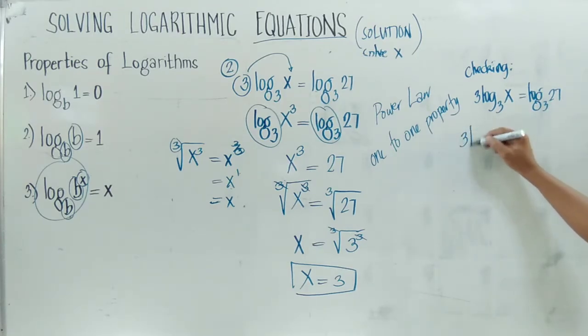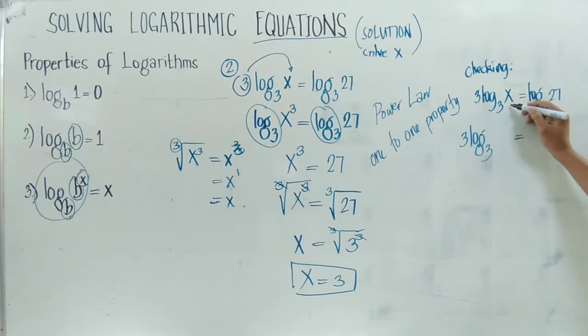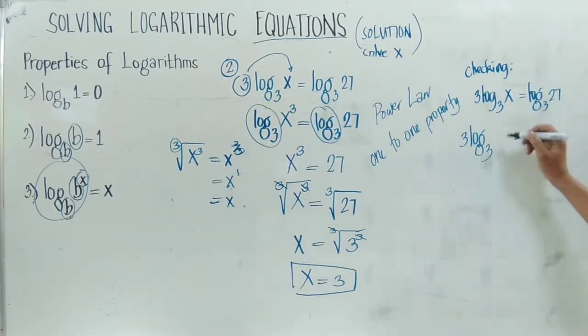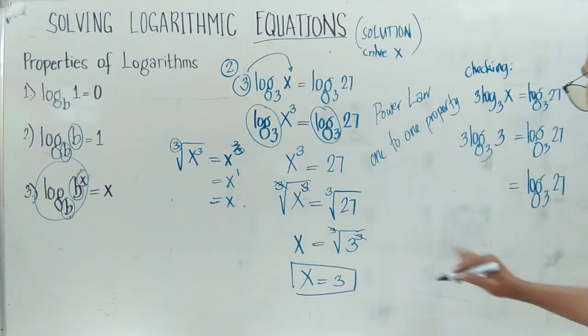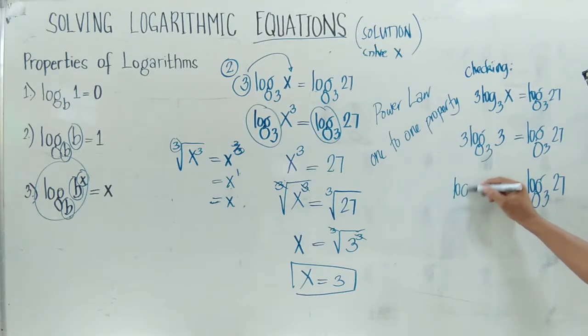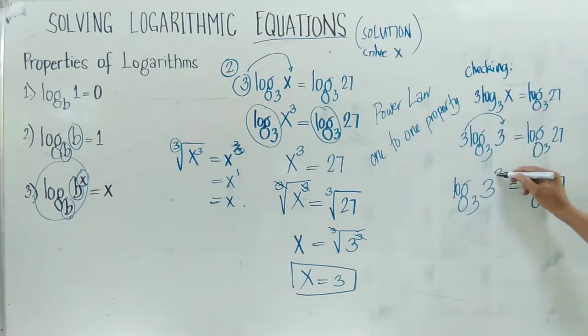Substitution, we have log base 3 and our x is equal to 3. Then we have log of 27 base 3. Applying your power law, we have log base 3, then 3 raised to 3.